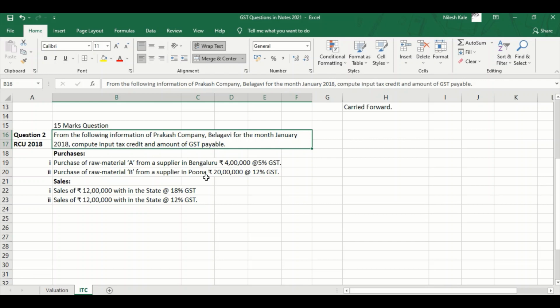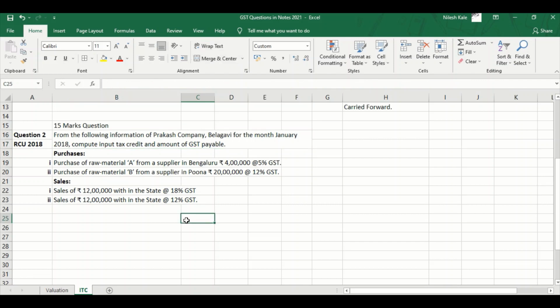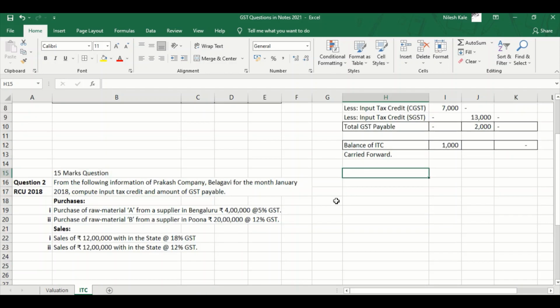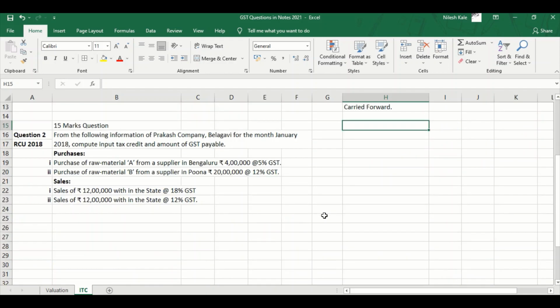These are the purchases, right? Pune to Belagavi is the inward supply, and that carries IGST, that is interstate transaction. But if you look at the sales, both are within the state, right? So this question carries 3 steps, and that is why it is given for 15 marks. Let us start solving this question.